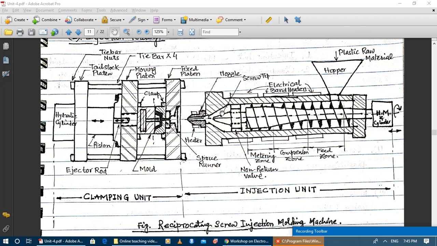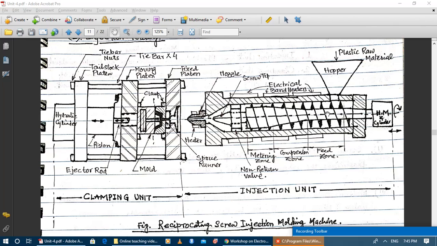The injection unit is very similar to the construction of an extruder that we have already discussed in the previous classes.